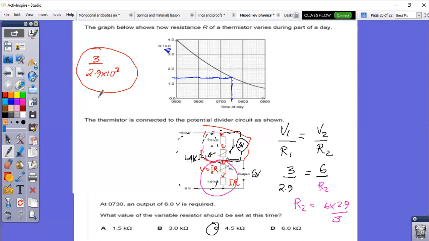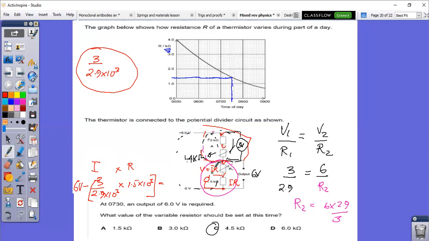So 3 over 2.9 times 10 to the 3, because that's my current I, multiplied by R, which is 1.5 times 10 to the 3, gives me the voltage across this resistor. And then all I simply need to do is do 6 volts minus this value of potential difference.